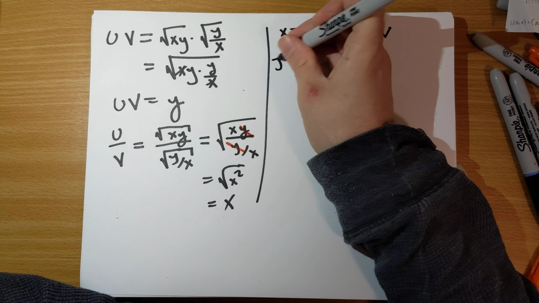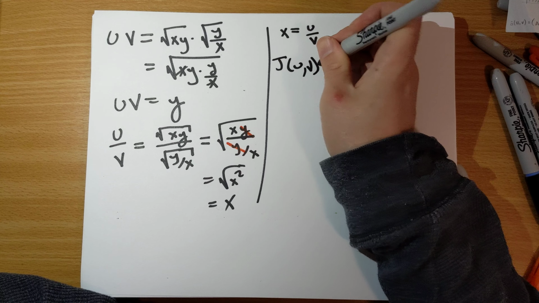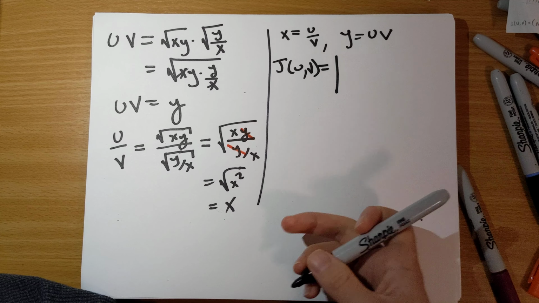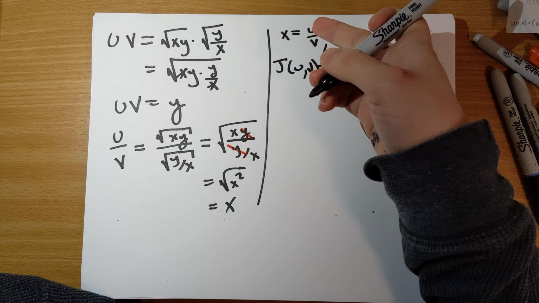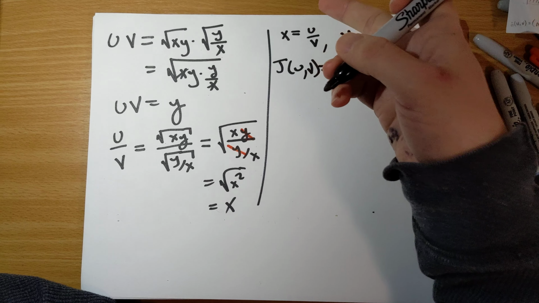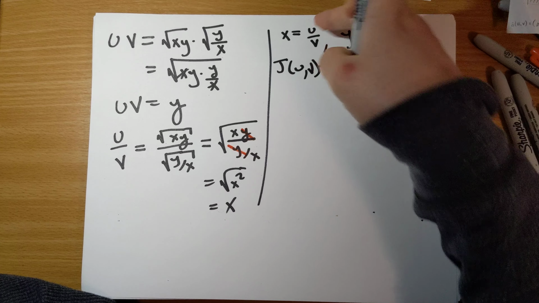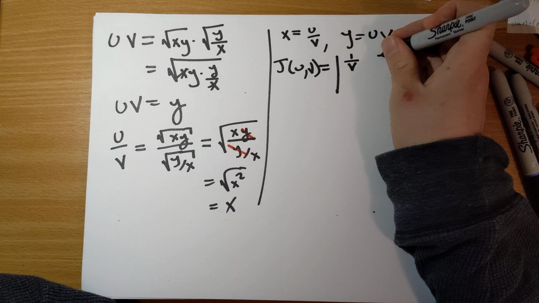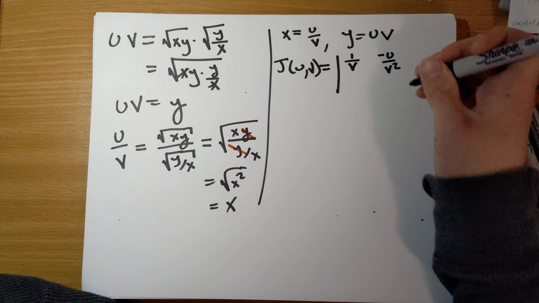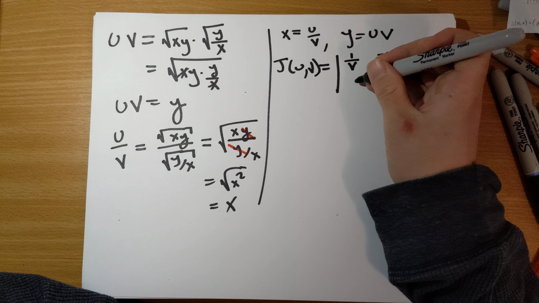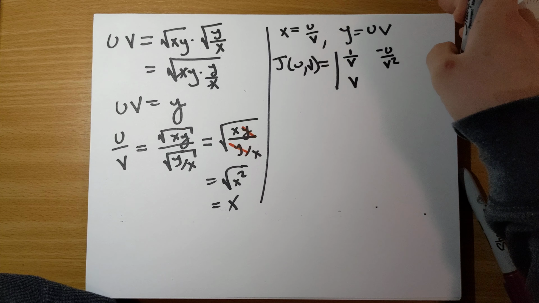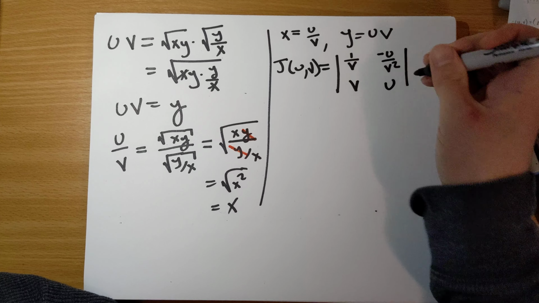What is our Jacobian in terms of uv? Okay, the partial derivative of x with respect to u is going to be 1 over v. The partial derivative with respect to v is negative u over v squared. The partial derivative of y with respect to u is v. The partial derivative of y with respect to v is u.